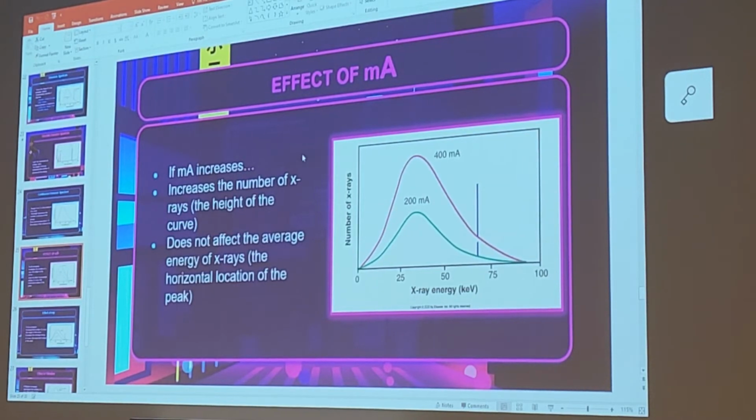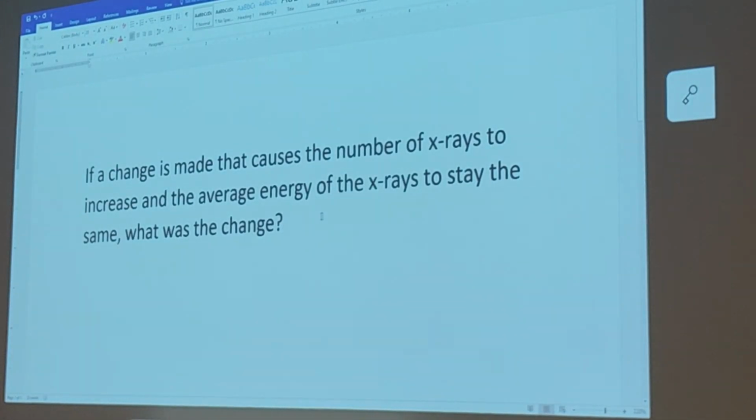So let's try a different one. If a change is made that causes the number of X-rays to increase and the average energy of the X-rays to also increase, what was the change? Let's jump over here to Shamika.